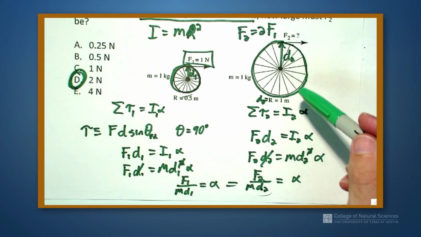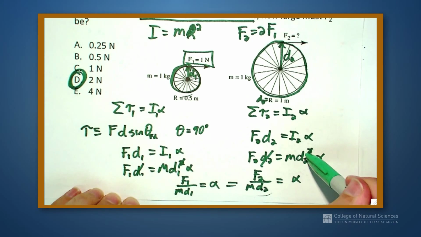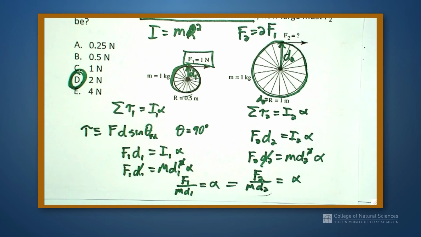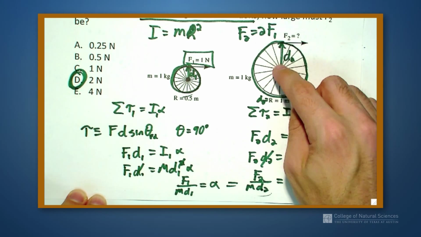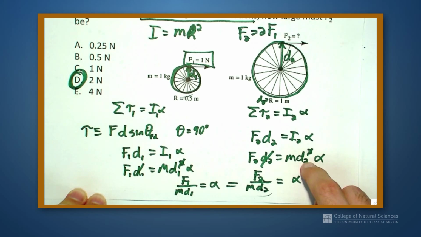And since the moment of inertia is squared, that's actually the term that wins out, or the larger contributing factor. The larger radius, even though we get more torque for our force, is not enough to make up for the increase of moment of inertia in this problem.